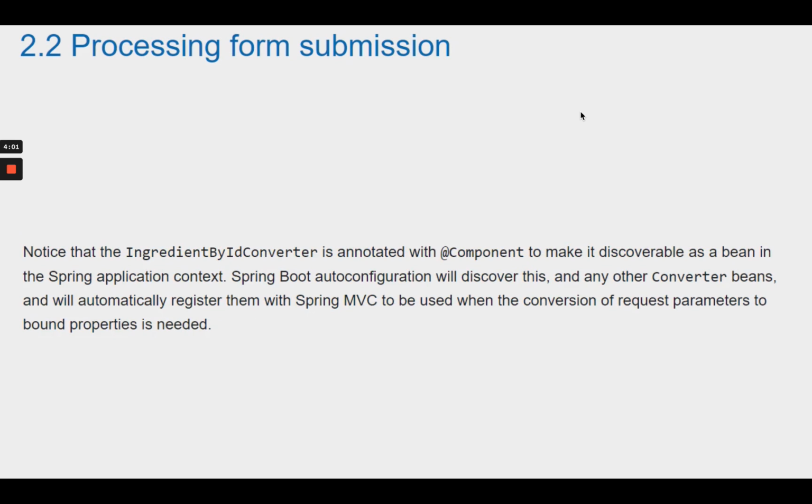Notice that the IngredientByIdConverter is annotated with @Component to make it discoverable as a bean in the Spring application context. Spring Boot auto-configuration will discover this and any other Converter beans, and will automatically register them with Spring MVC to be used when the conversion of request parameters to bound properties is needed.